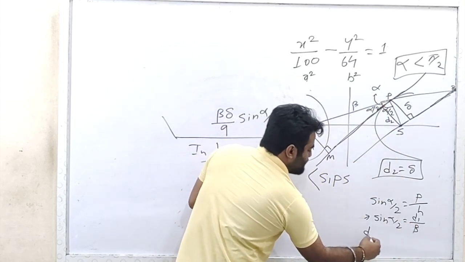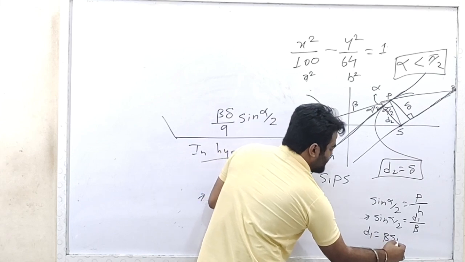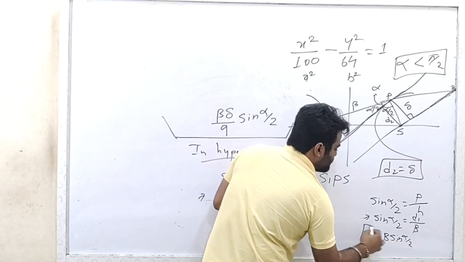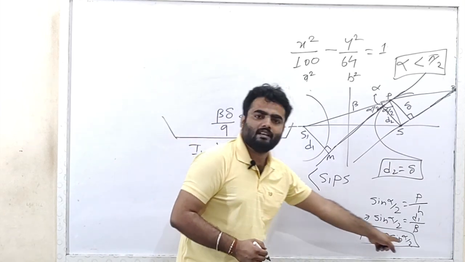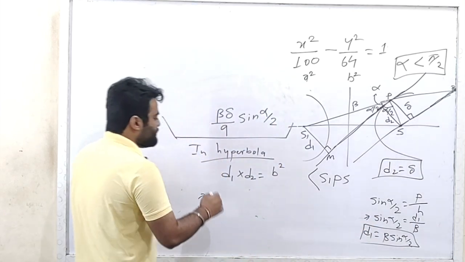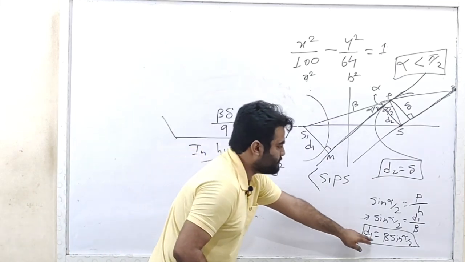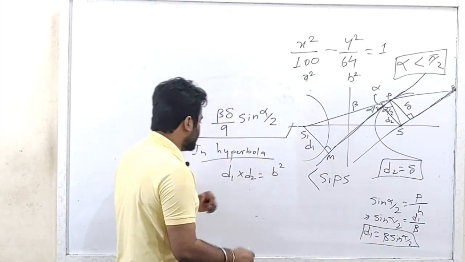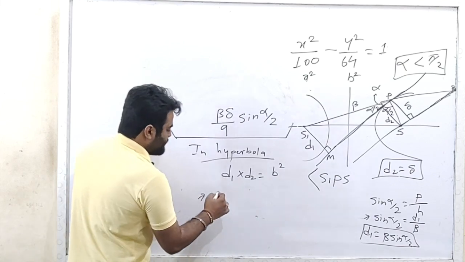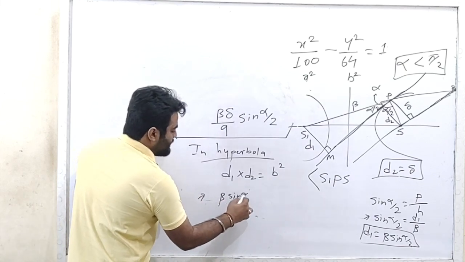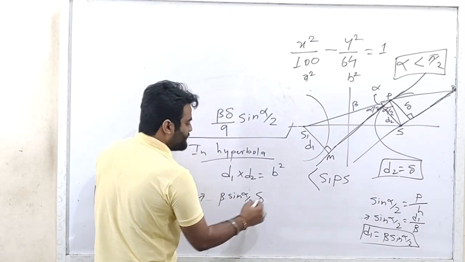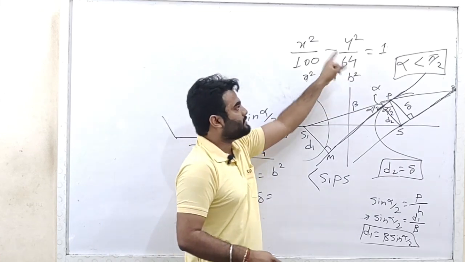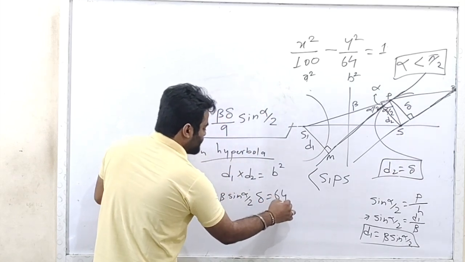So d1 can be written as beta sine alpha by 2. Let's substitute both values, d1 and d2, over here. For d1 we have beta sine alpha by 2, and for d2 we have delta, equal to b square, which is given as 64.